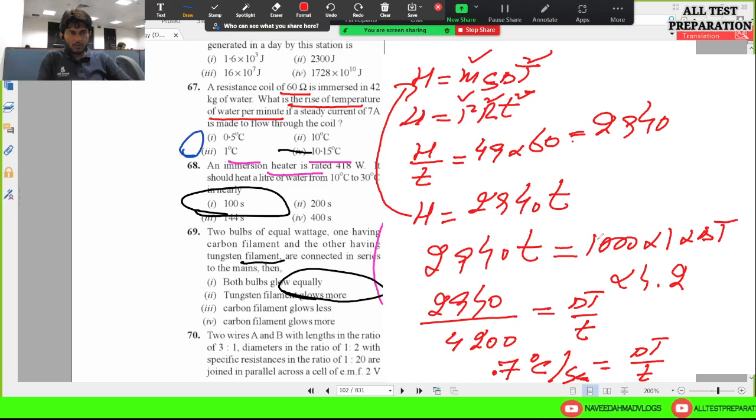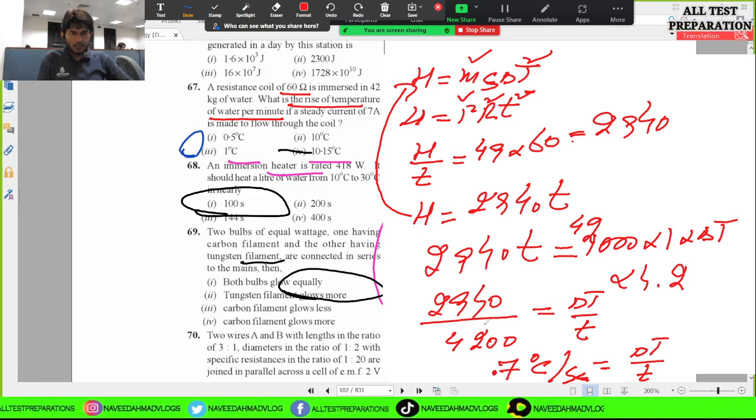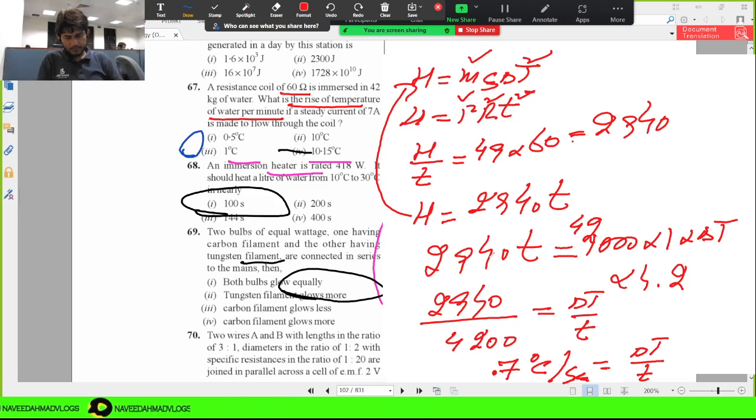Kilogram, this is 42 kilograms, so this will be 42,000, multiplied by 1. And here we made a mistake, multiply this by 4.2 only. This will give you 42,000 multiplied by 4.2, so 176,400.